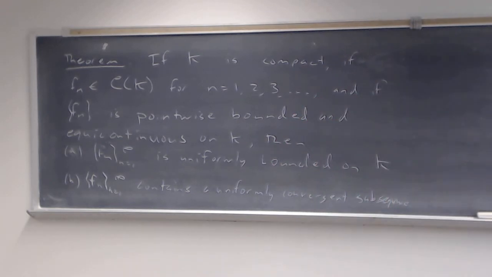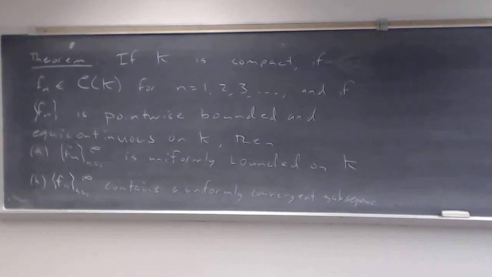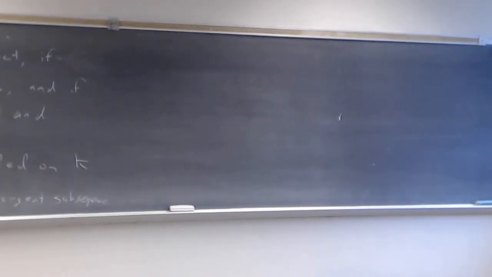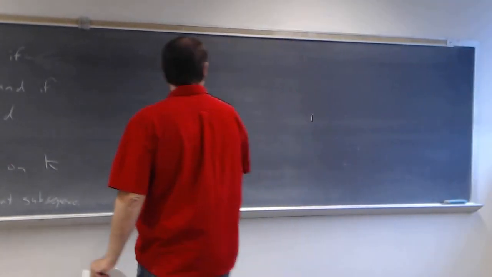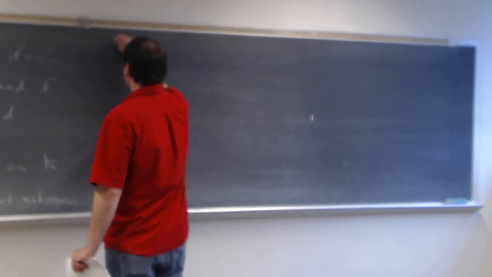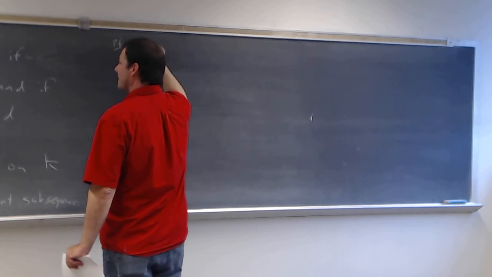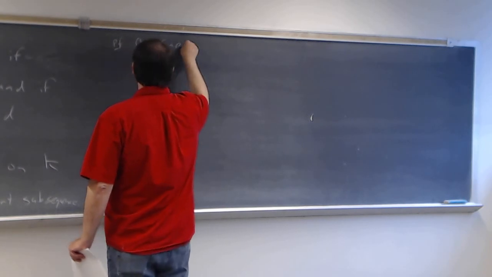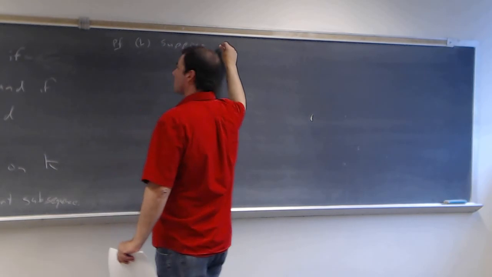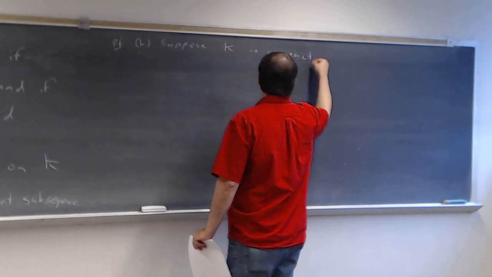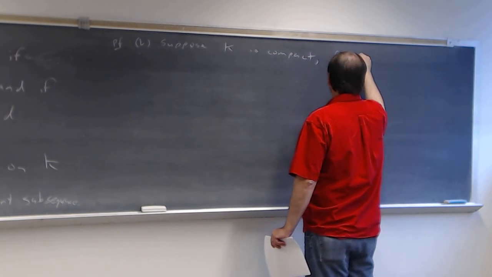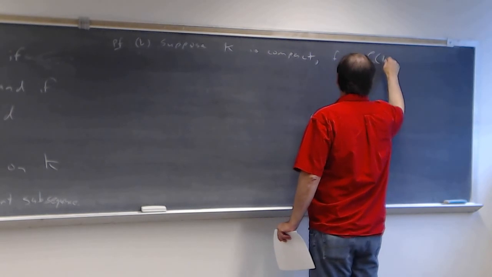It is part B we want to prove, as we proved part A before, and we're going to use a fact that really we haven't proven. I'm just going to state that it's a fact. It's going to help us with this, but before I get to that, for the proof of part B, we're going to suppose K is compact, f_n are elements of C(K).